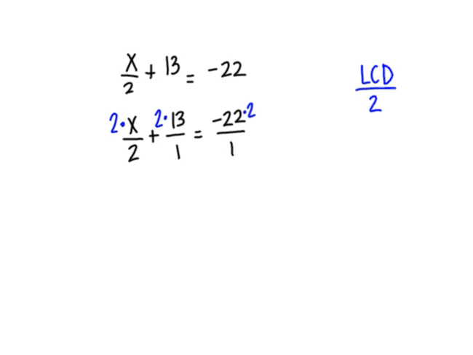When I reduce it down, my first fraction is 2x divided by 2. So a 2 in the top and the 2 in the bottom cancel, and that just leaves me with an x. My second fraction has a 1 in the bottom. Nothing crosses out, but I do have 2 times 13, and that would be 26 in the top.